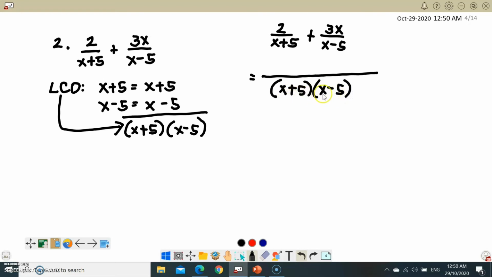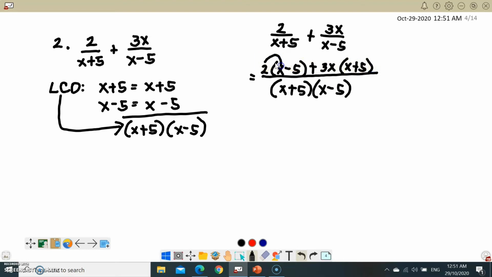So x plus 5 multiplied by x minus 5 divided by x plus 5 is x minus 5 times 2. Then we have 2 multiplied by x minus 5 plus x plus 5, x minus 5 divided by x minus 5 is x plus 5 times 3x. So we have here 3x multiplied by x plus 5.